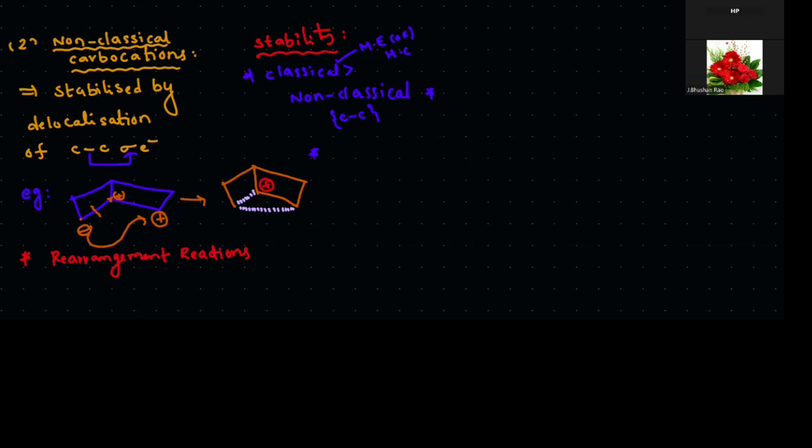So the carbocation intermediate develops in the following reactions. Okay, we will see those examples.